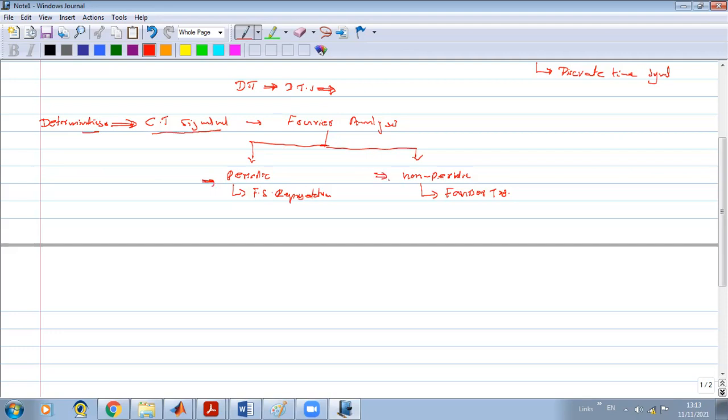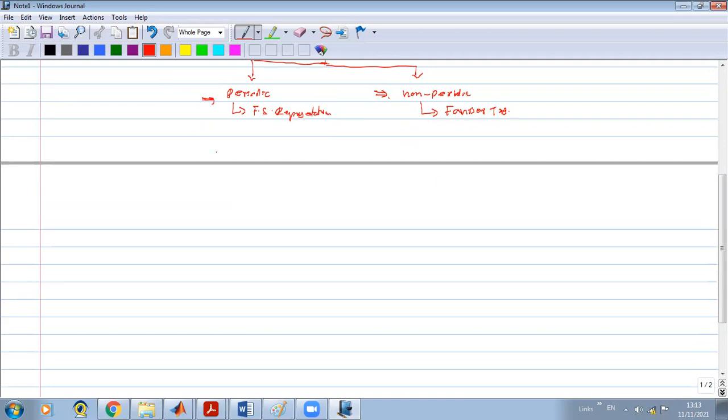Now we are going to extend it to discrete time signals. These are also deterministic signals. That means by the waveform equation we can characterize all the properties, any behavior of the signal.